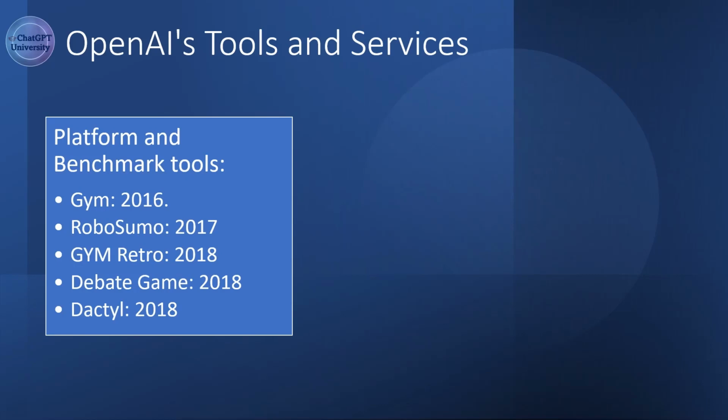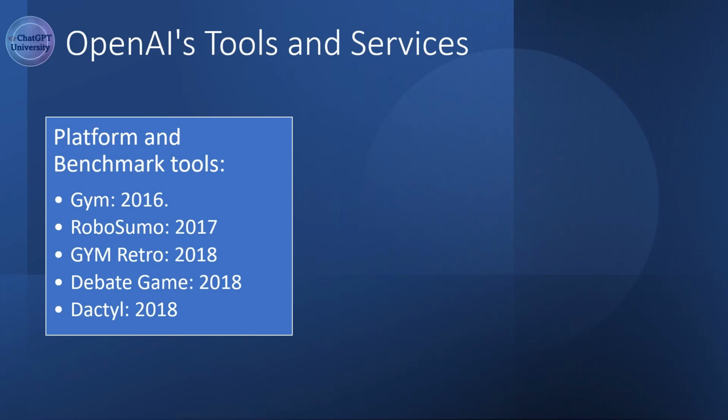Released in 2017, RoboSumo is a research platform for reinforcement learning in robotics. Released in 2018, Gym Retro is a platform for RL research on video games.